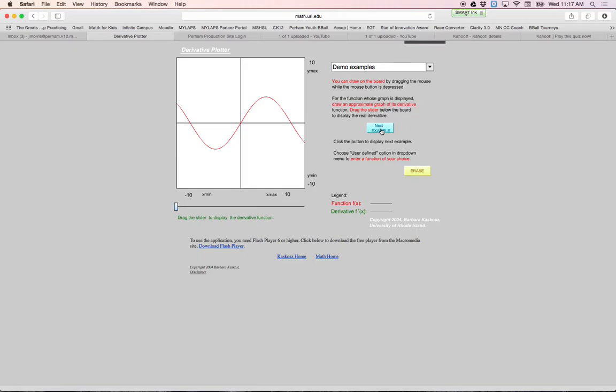Okay, here we go. See how you did. So what I would have done first is I would have said, okay, I got a horizontal tangent there, I got a horizontal tangent there. That gives me some reference points to head towards. So I know I'm going to cross the x-axis at those 2 places. So just match up your horizontal tangents, and that's where your derivative has to cross the x-axis. So I'm going to go ahead and sketch it.